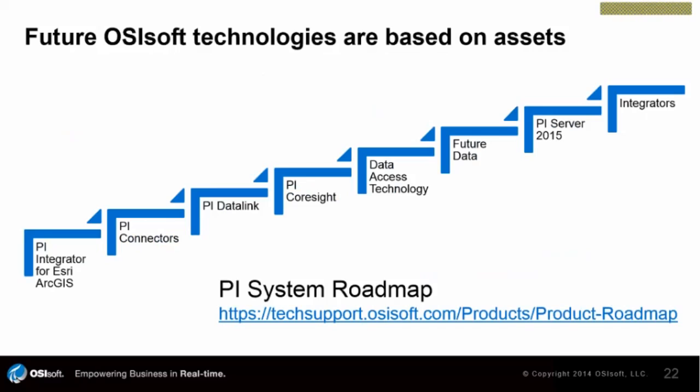Here on the screen, you see a URL to our external-facing PI system roadmap, which gives you a look ahead, roughly 12 months, at the new products that are being worked on and coming down the pipe. Within the PI system roadmap, we also give you a look back at some of the previous releases.